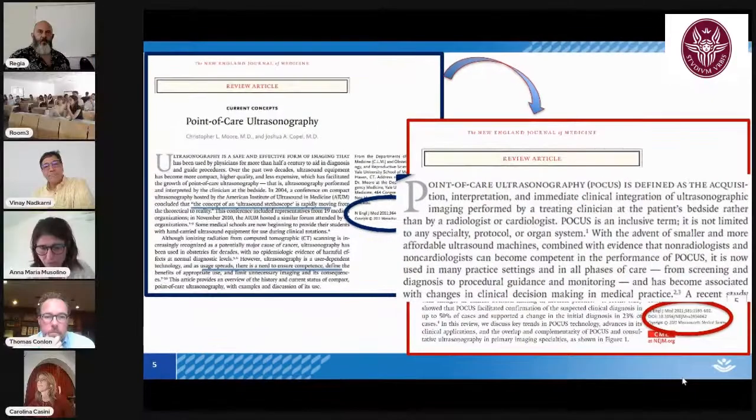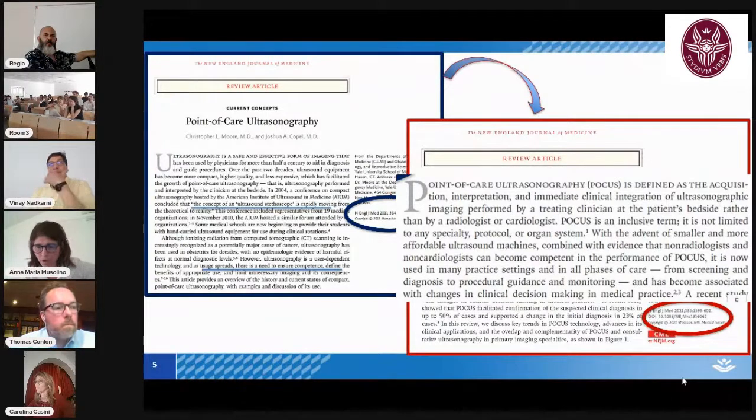The definition: point of care ultrasonography is defined as the acquisition, interpretation, and immediate clinical integration of ultrasonographic imaging performed by a treating clinician at the patient bedside rather than by a radiologist or cardiologist. And POCUS is an inclusive term. It is not limited to any specialty, protocol, or organ system.